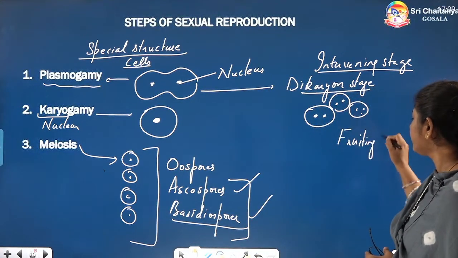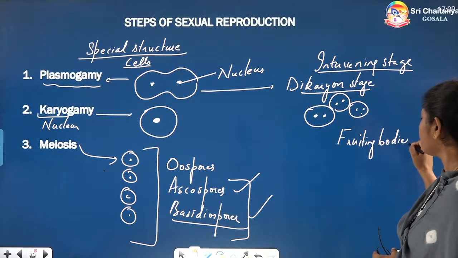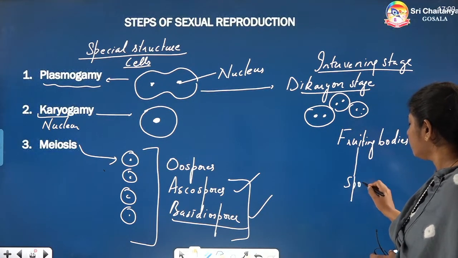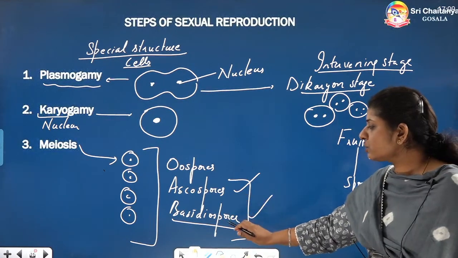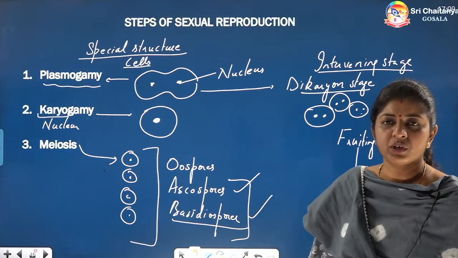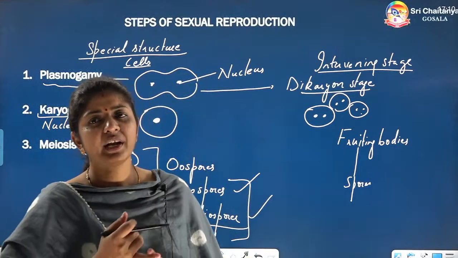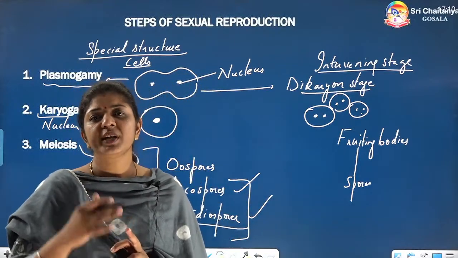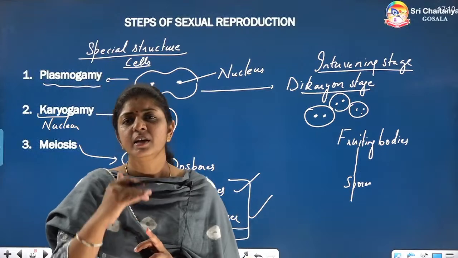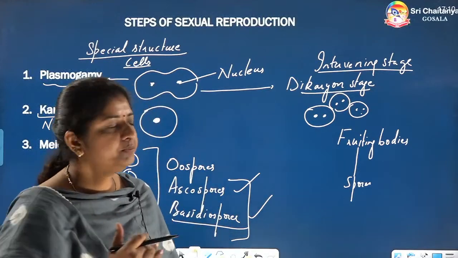Now that fruiting body will form these spores. What do you call these spores? Ascospores and basidiospores, right? So let me recapitulate this point. For the formation of ascospore and basidiospore, after plasmogamy is the dikaryon stage, right?